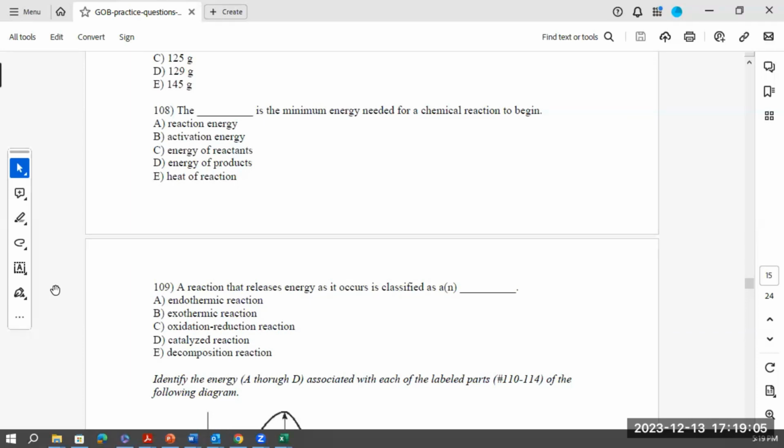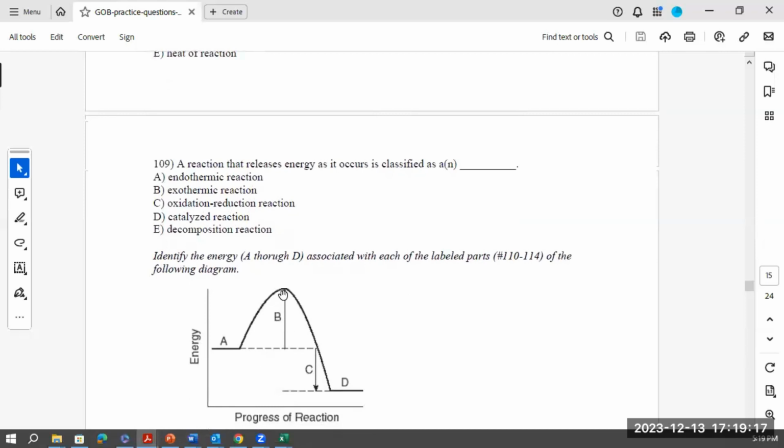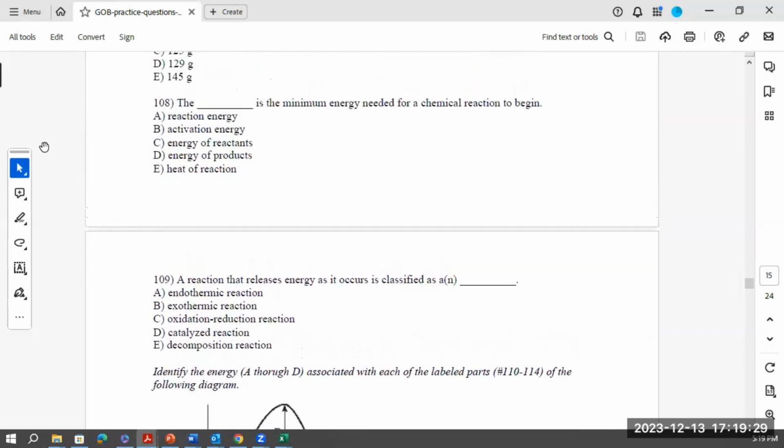Right? So it's the energy to basically get us started for the reaction. And then if you guys take a look down here, this represents that amount of energy to get us started. Okay. So that is what we consider our activation energy. Okay. So the correct answer would be B as in boy.